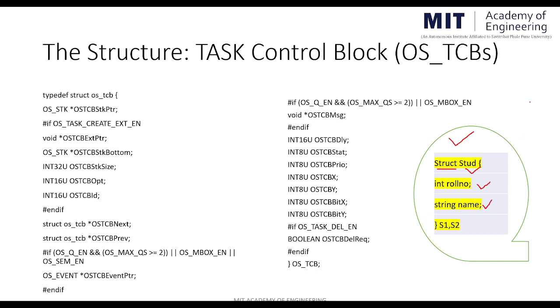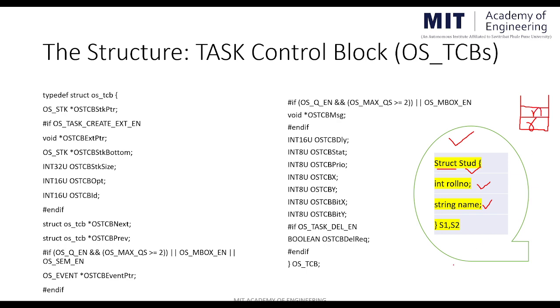Whenever we write the list of variables under the structure, the compiler provides sequential memory allocation for all the data members written in the structure. Here we have asked for two memory locations, roll number and name.